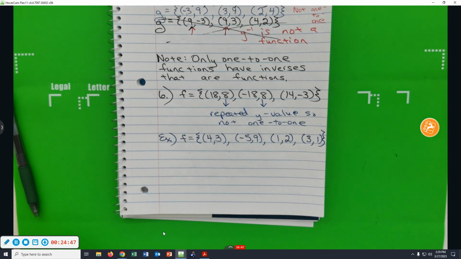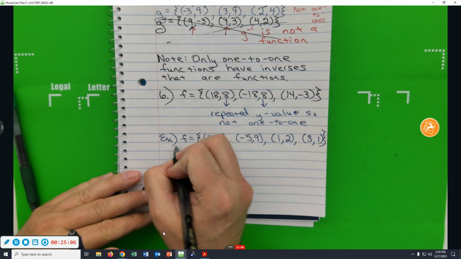Is that one-to-one? Is this example I just made up one-to-one? What do y'all think? Yes. Notice there's no repeated y values, so this is one-to-one.